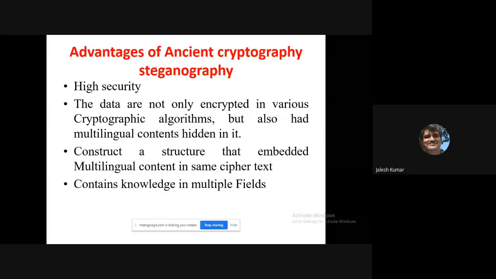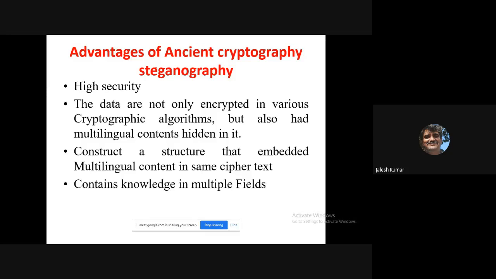But if you see the advantages of this ancient cryptography or steganography, it is highly secure, because unless you have any clue, it is difficult or not at all possible to explore the things.